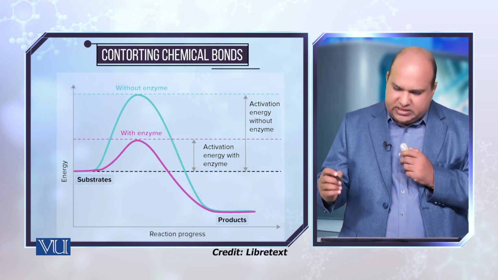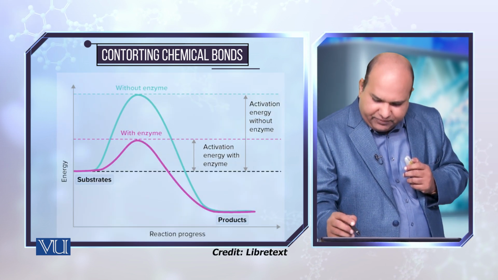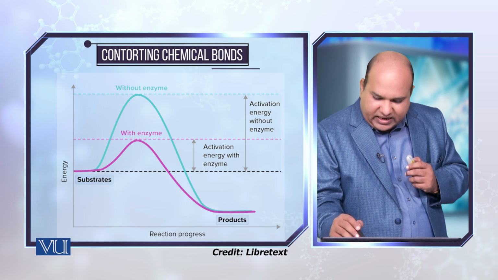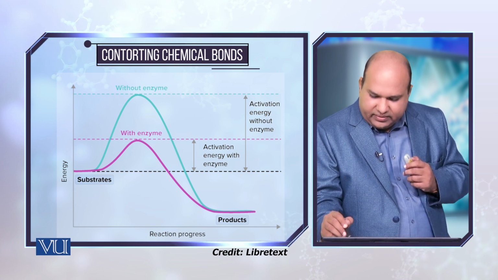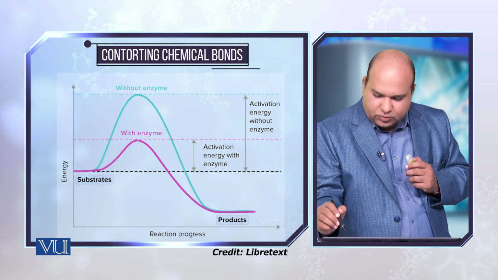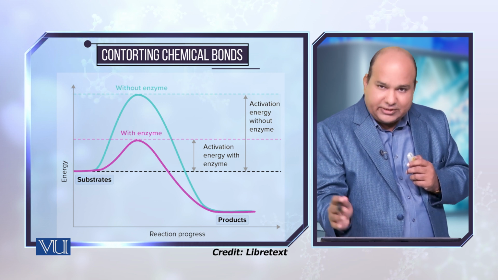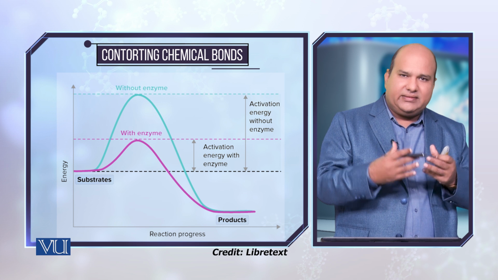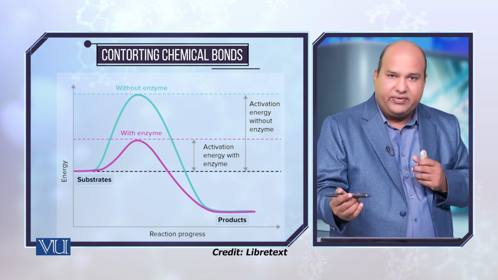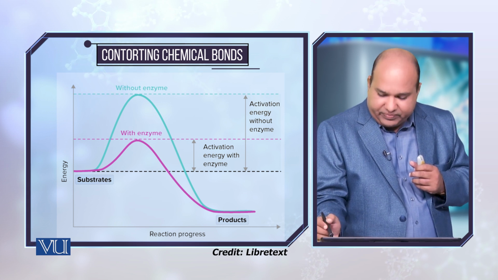Here you can see that when there is no enzyme, the activation energy is very high, and somehow you have to devise a way that this can be lowered, and that way is that you add the enzyme.